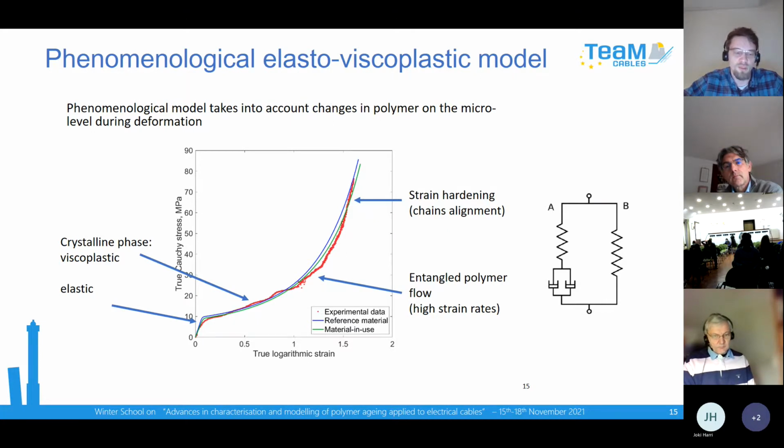So we need to know the model, we need to know how the parameters affect the behavior of the material, and we need to properly fit all the materials, and experimental data will help us here. Yeah, next slide, please.